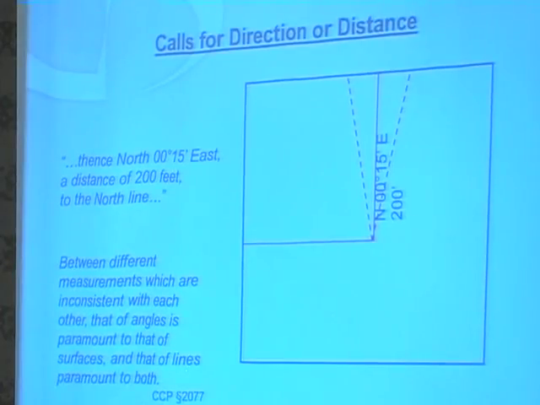Interesting sometimes, CCP, anyone know what that is? Code of Civil, California. Actually, it's the Code of Civil Procedures. We just assume that when we're talking about California law, it's California in front of it, like B&P Code. Really, reference should be the California Business and Professions Code. The little squiggly thing is section CCP, Code of Civil Procedures, section 2077.